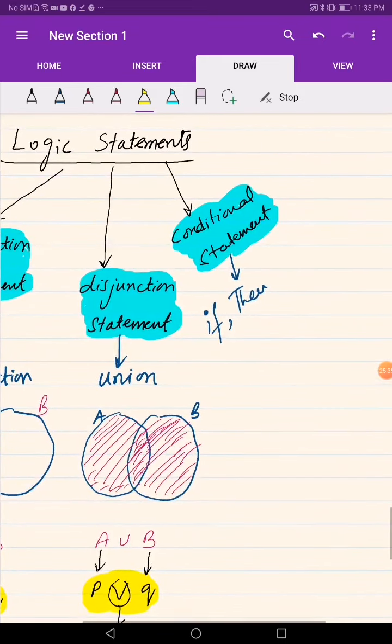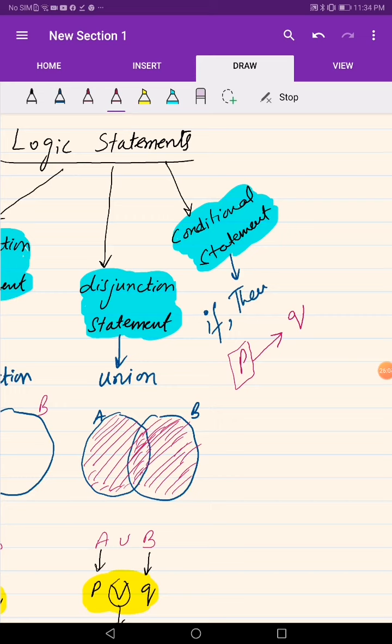Now the third one is the conditional statement. Conditional statement is when I say that a statement P, then, this is the sign which we use, P then Q. So the whole thing depends on P. Here P is a statement where everything is depending.